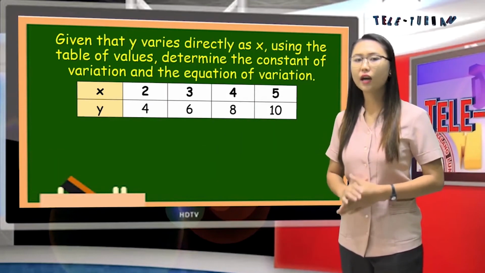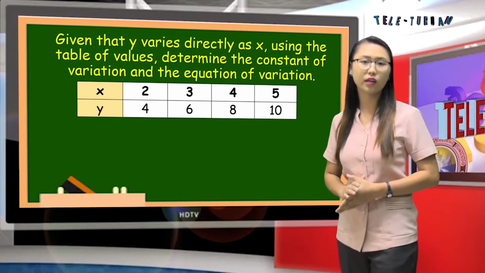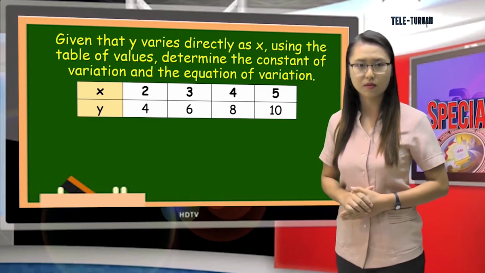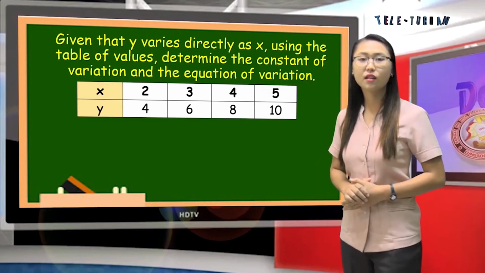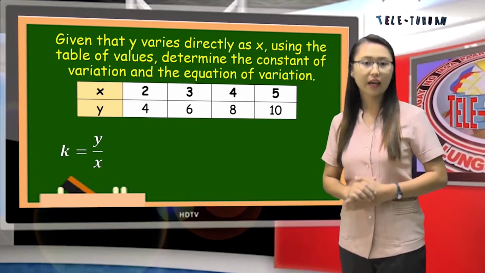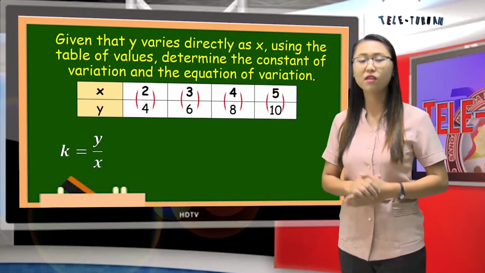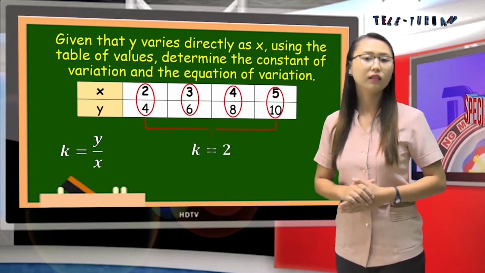Next, how to determine the constant of variation and the equation of variation given the table of values. To determine the constant of variation, we will use again k is equal to y over x. In this table, when we divide y by the value of x, the answer is 2.